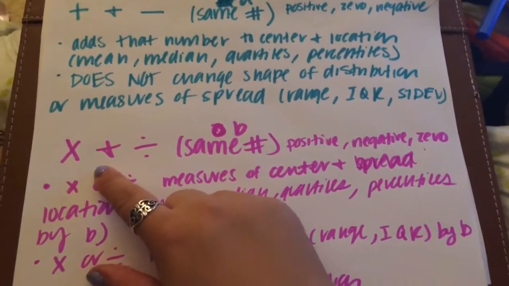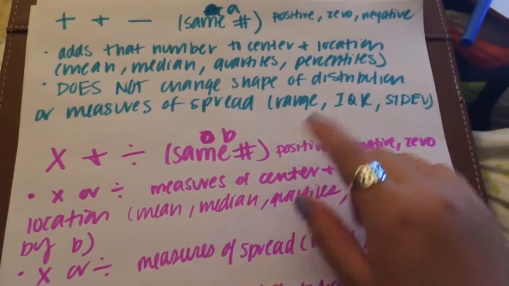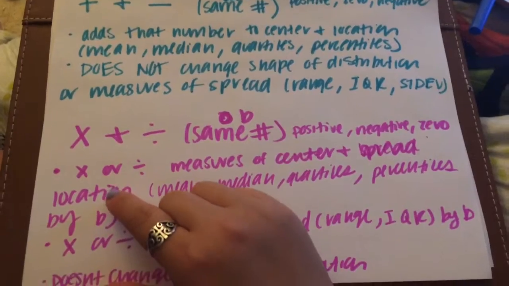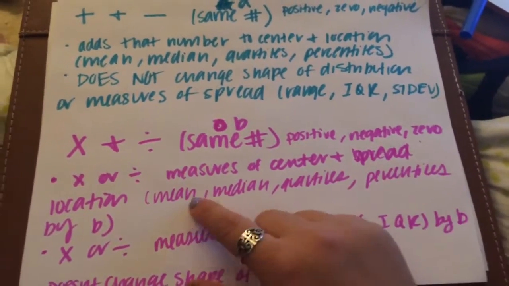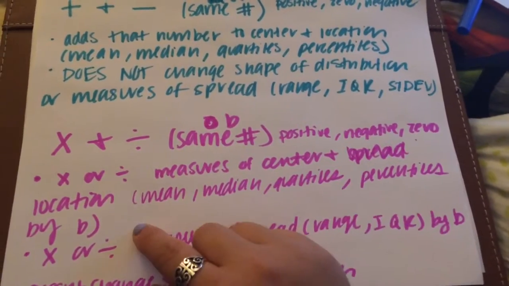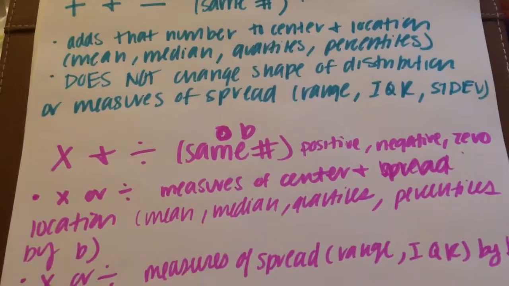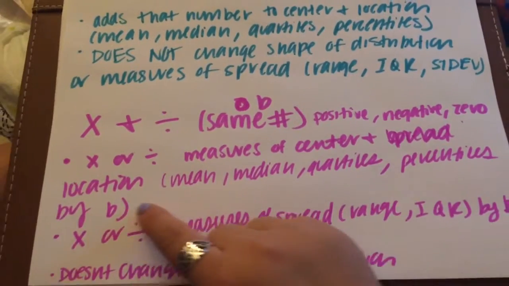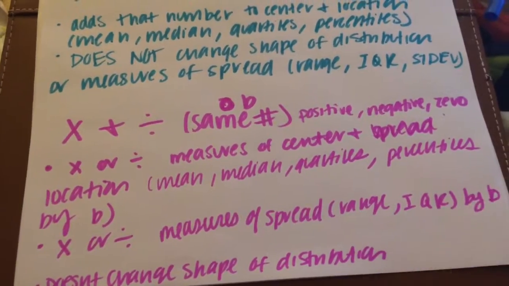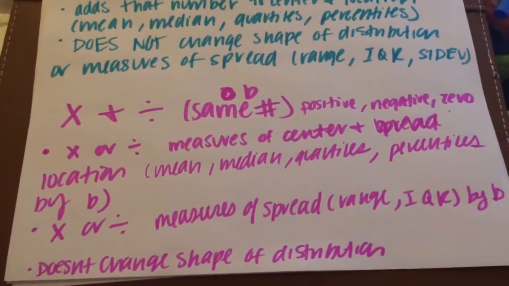And so if you multiply or divide by the same number, b, which is positive, negative, or 0, just like up here, the measures of center and location, mean, median, quartiles, and percentiles, are multiplied or divided by b, and it also multiplies and divides measures of spread, range, IQR, but it does not change the shape of the distribution.